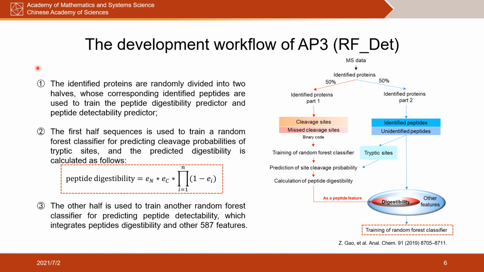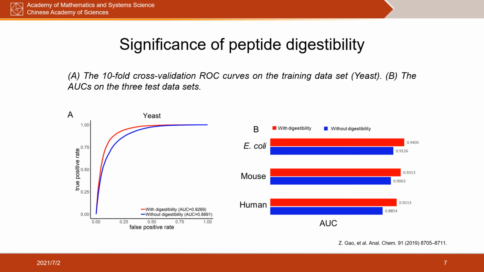Finally, another random forest classifier is trained for peptide detectability prediction. By including peptide digestibility, the tenfold cross-validation AUC increases about 4.3% on the training dataset, and the test AUCs increase about 3% respectively. These results indicate our proposed feature, peptide digestibility, has an excellent ability in predicting peptide detectability.